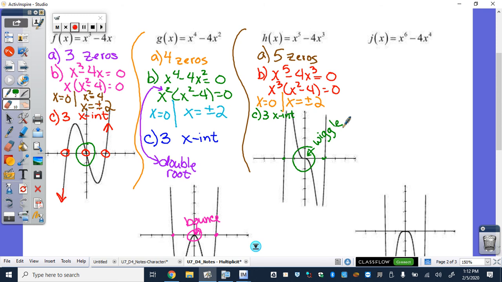It's there 3 times. So we still have 5 zeros. It's just 0, 0, and 0. Those are the first 3 roots. And then we got our negative 2 and then our positive 2. So on the graph, to indicate the fact that 0 is there more than once, it kind of does that little wiggle as you go through the 0 at your x-axis. And that's how it indicates it's there more than once.